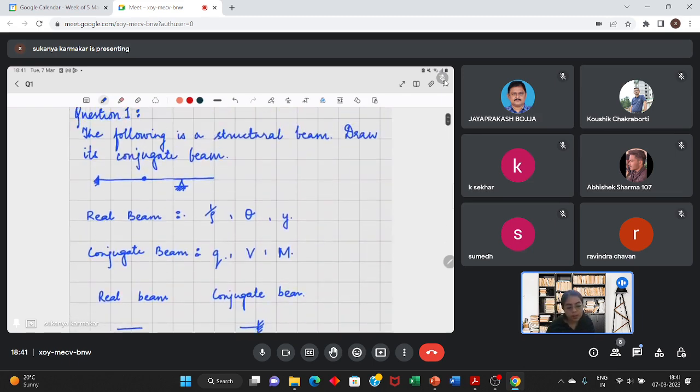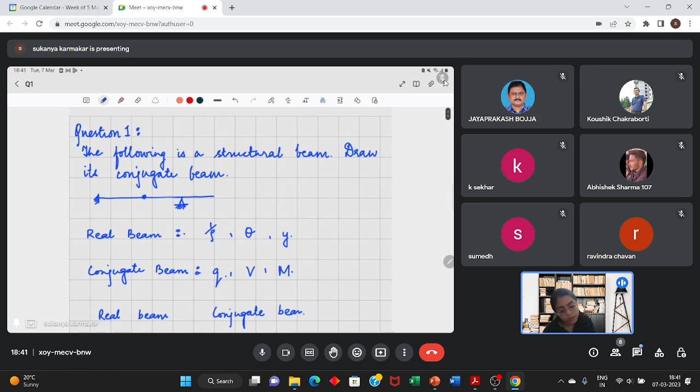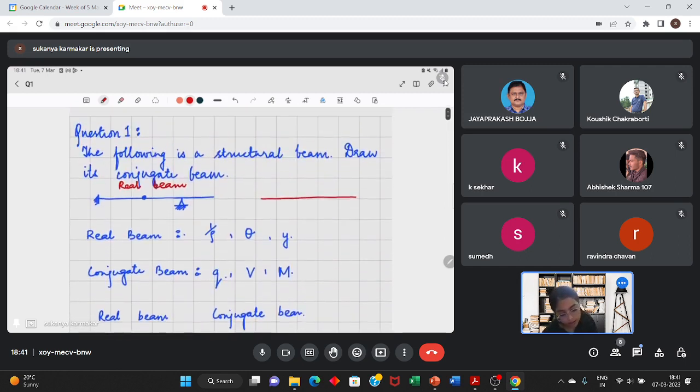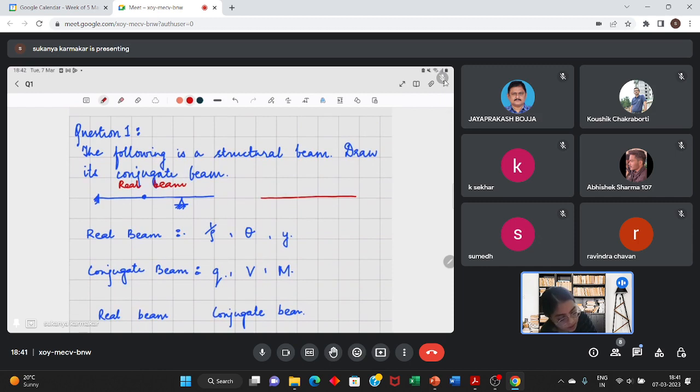So keeping these points in mind, what should be the conjugate beam of this real beam? So this is the real beam. Its conjugate beam will be: this fixed end will be a free end. Why is it a free end? I've explained the logic here. This is an internal hinge. It will become a roller. This is a pin support. It will remain a pin support, or you can treat it as a roller.